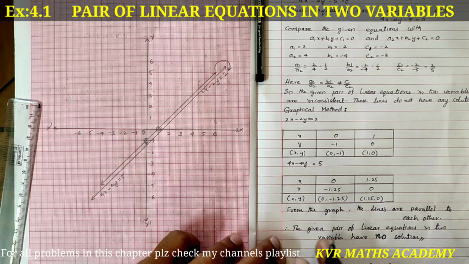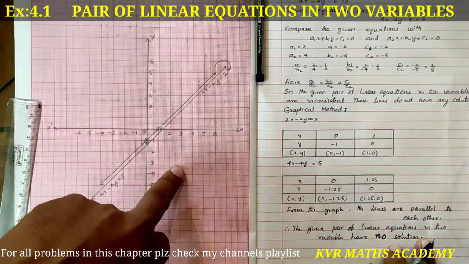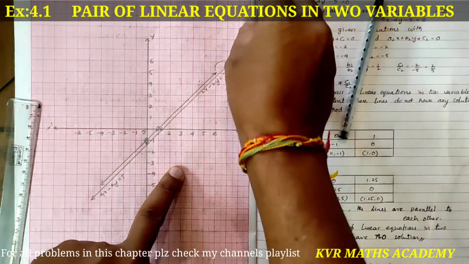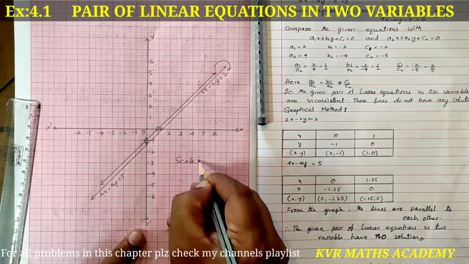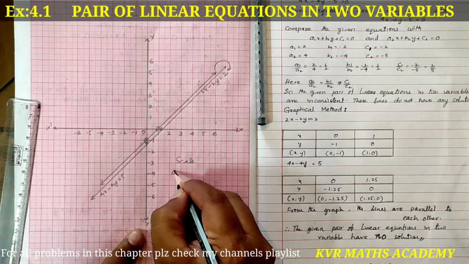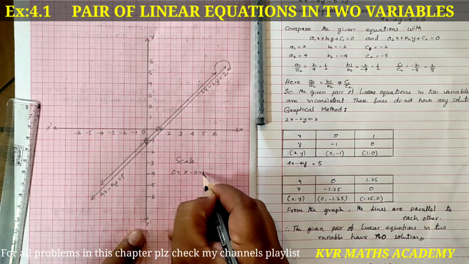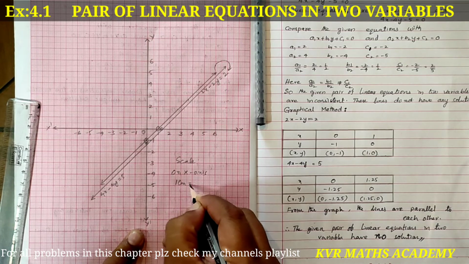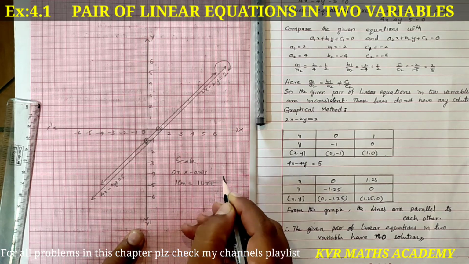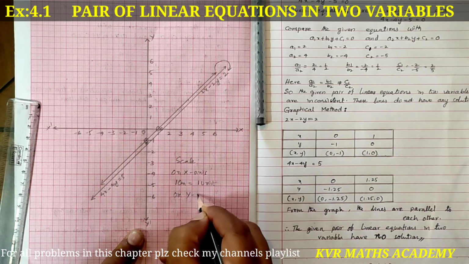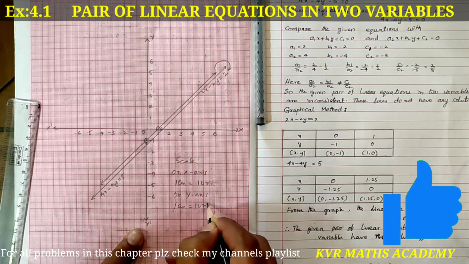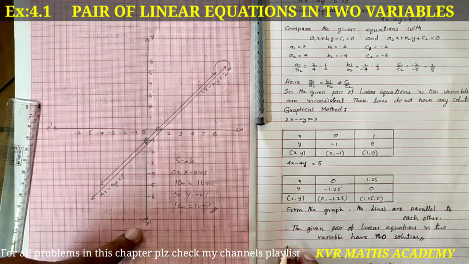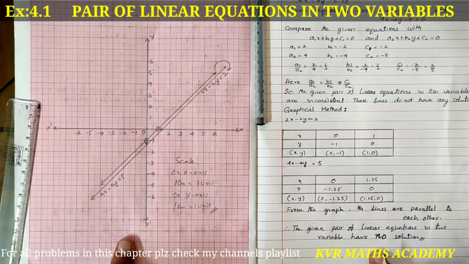Understood clearly? So finally this conclusion also we should write. So finally what we have to write? Yes, scale: on x-axis 1 centimeter is equal to 1 unit, isn't it? On y-axis 1 centimeter is equal to 1 unit. So have you understood clearly? Yes, note it down.